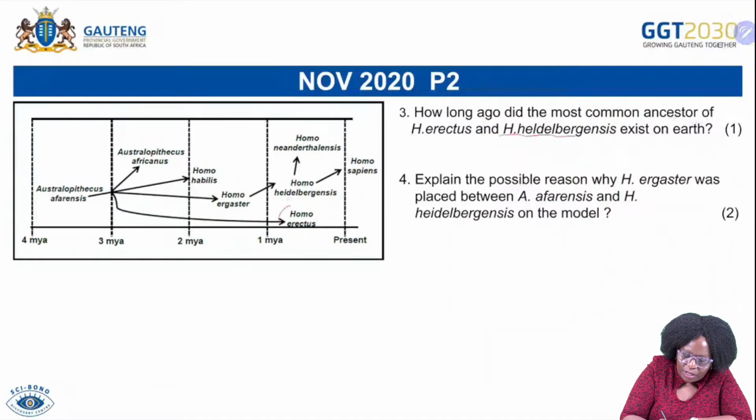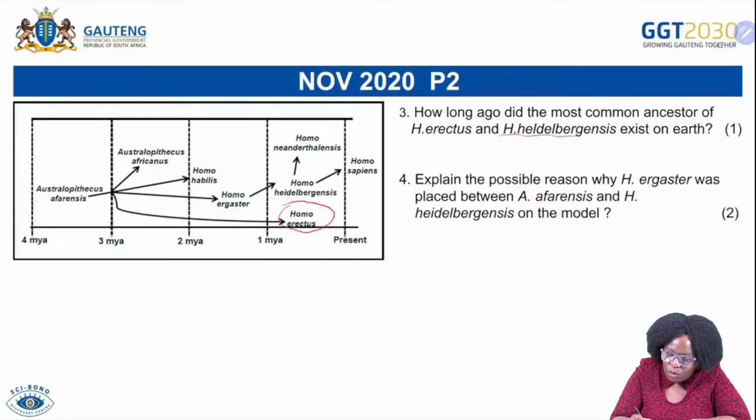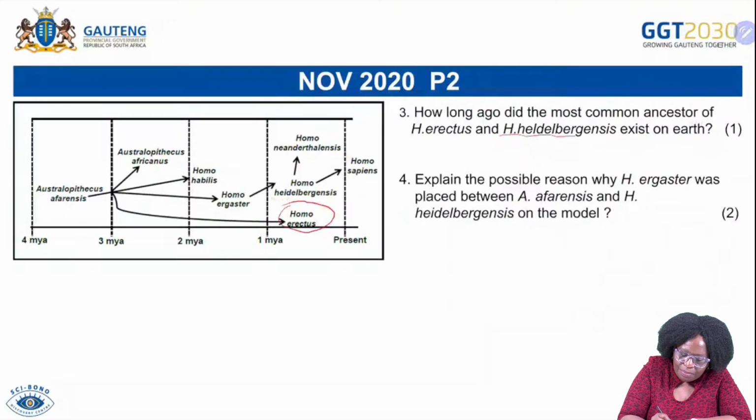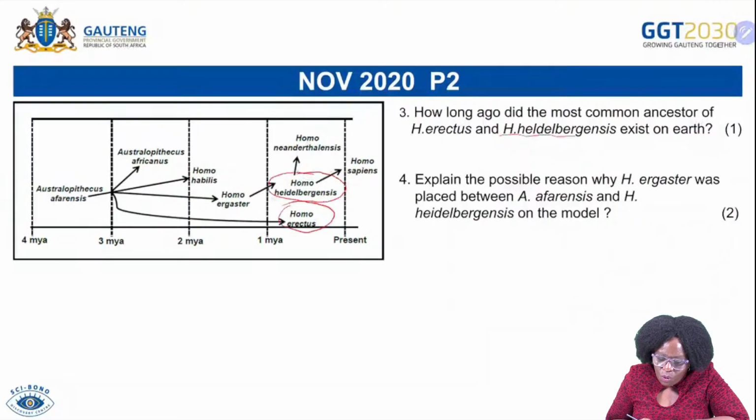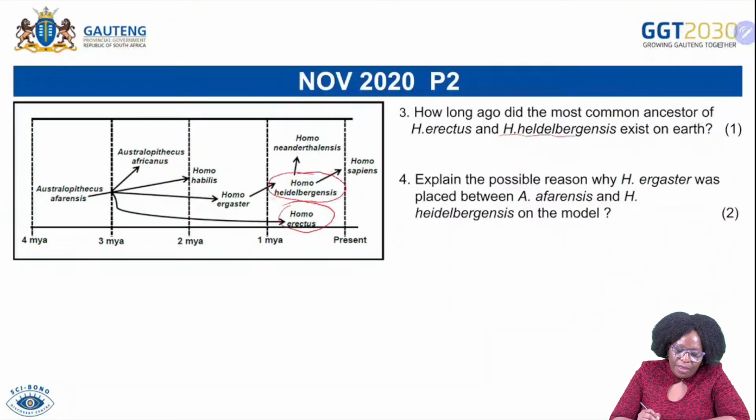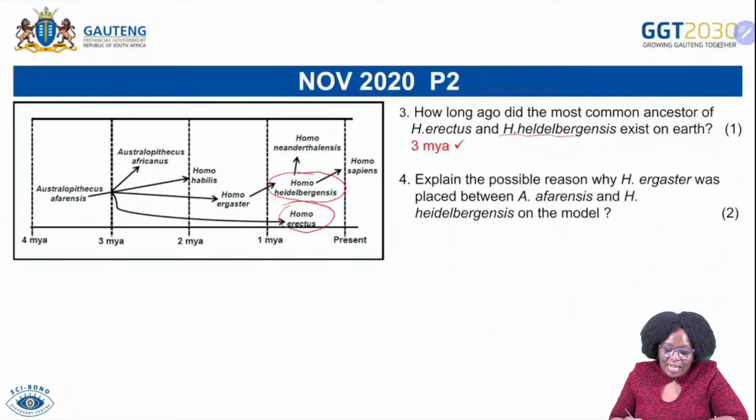Okay, here is Homo erectus. And we are also tracing the Homo heidelbergensis. Then the question is, how long ago did they exist? So the common ancestor, and let us see the answer there, is 3 million years ago.